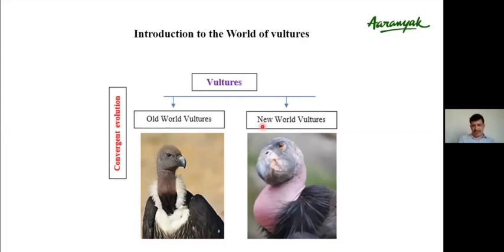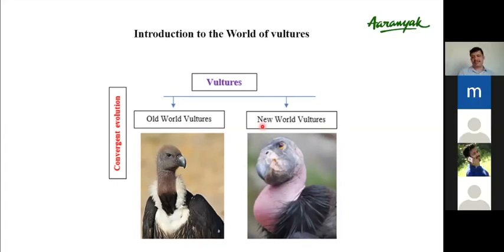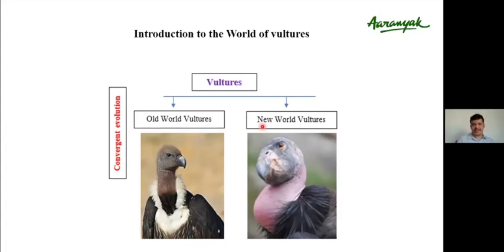Before going into the topic more, I would like to draw your attention to a few interesting facts about Old World and New World vultures. Both groups have a very interesting and important phenomenon for wildlife conservation, especially in light of COVID-19.